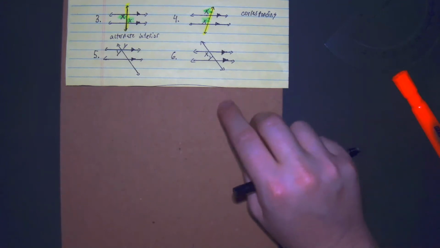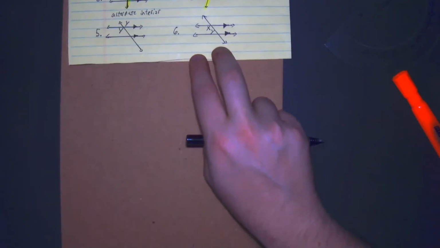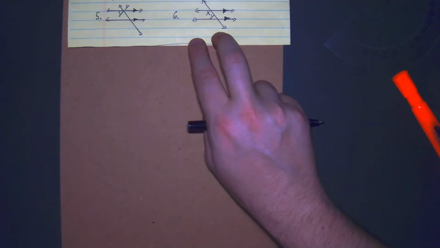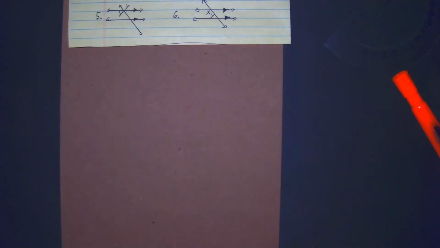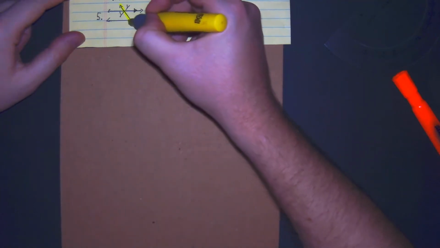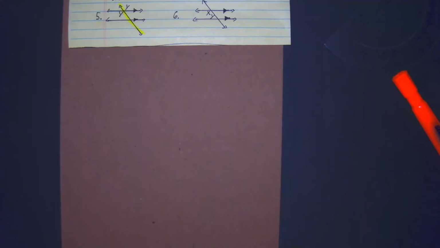Alright, let's look at the last 2, 5 and 6. What we have here, number 5, we have a transversal, 2 parallel lines, and the angles are congruent.